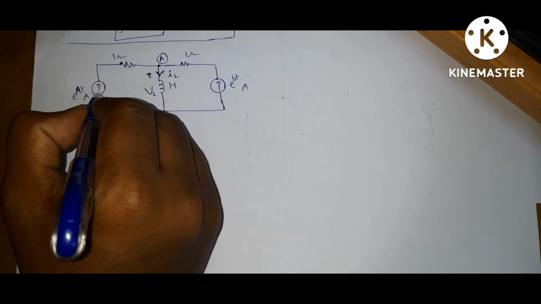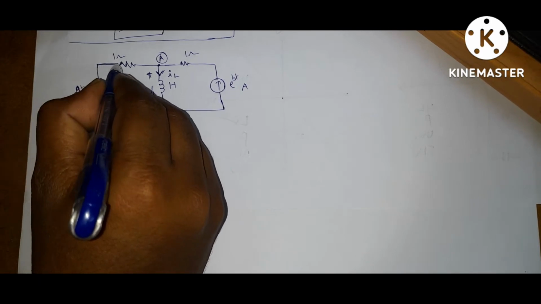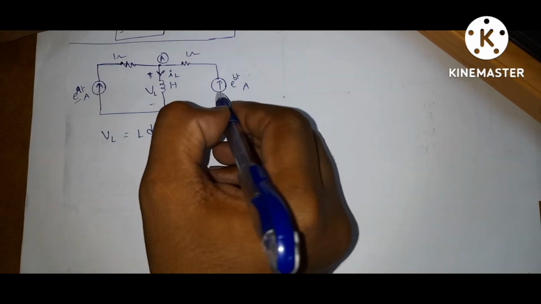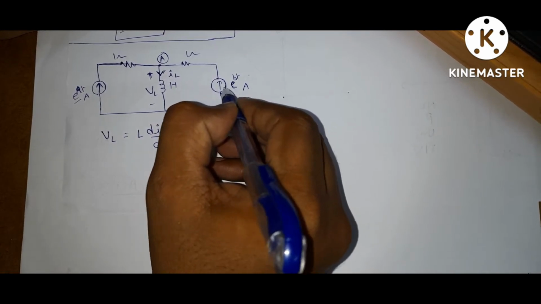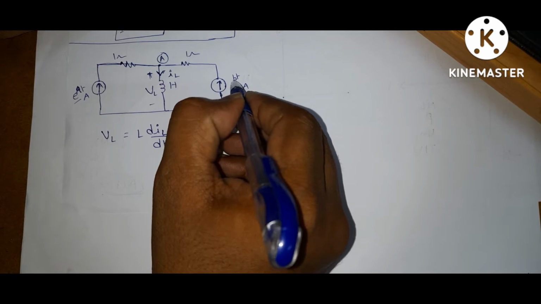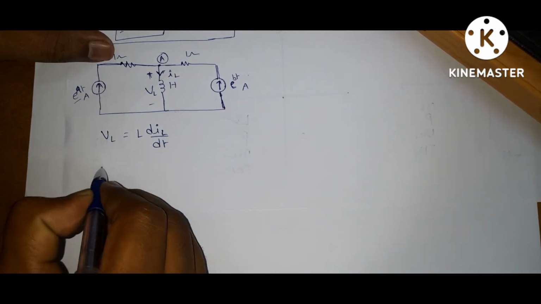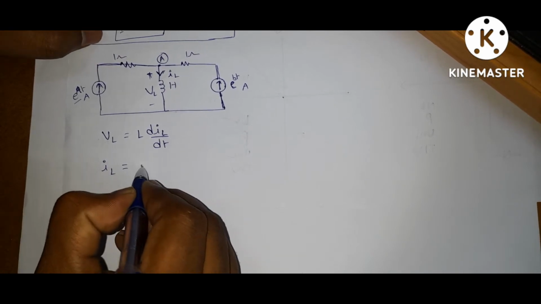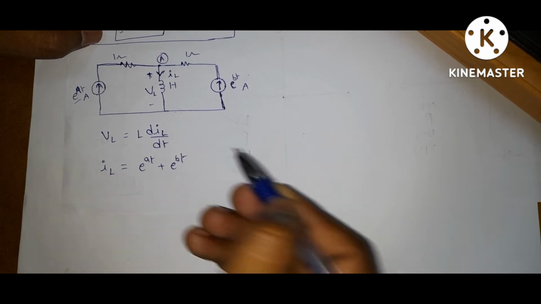So here, this is the current source. So current is coming towards this node. Okay, what is this current? E power AT. And this source is also a current source. The current e power bt is coming towards this node. So by applying KCL at A, what is IL? Sum of leaving currents is equal to sum of entering currents. So e power AT plus e power bt.